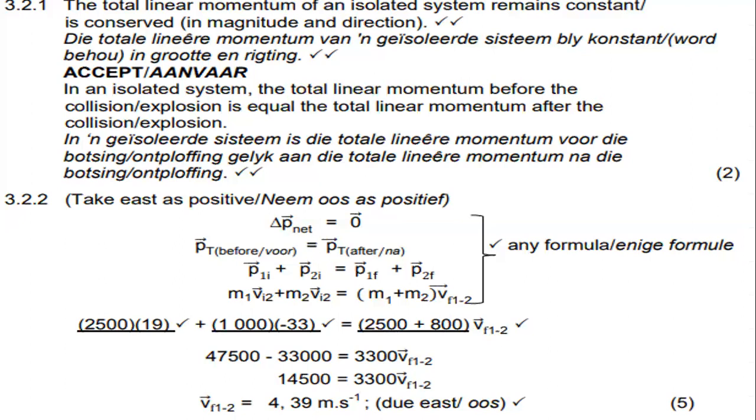So if you do your mathematics, you will see that 2,500 multiplied by 19 gives you 47,500. And then you take 1,000 and multiply it by negative 33. It will give you 33,000.